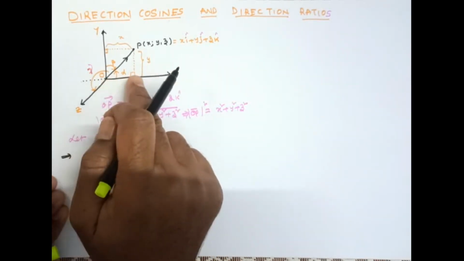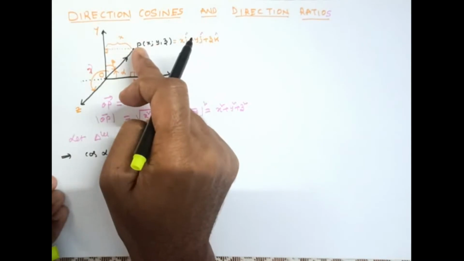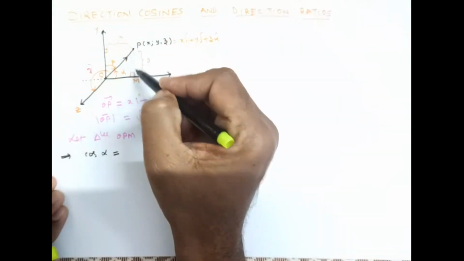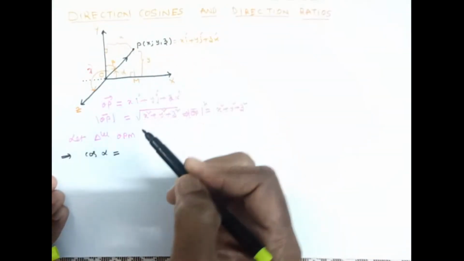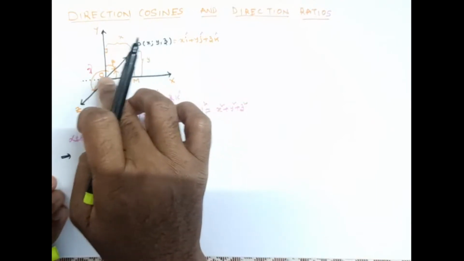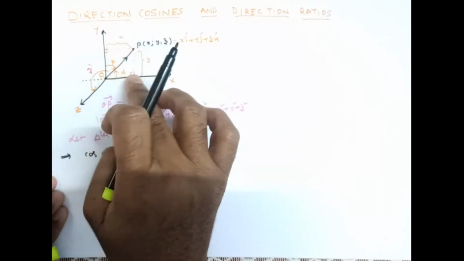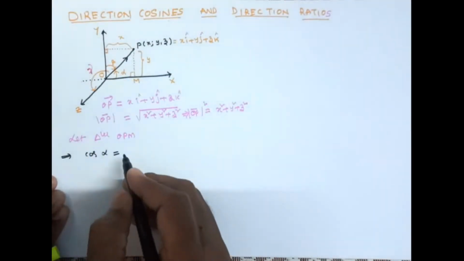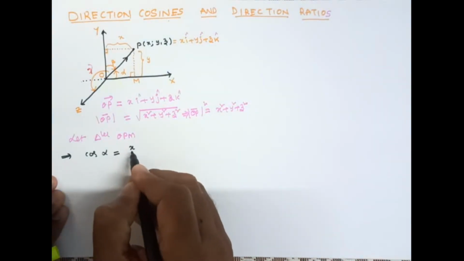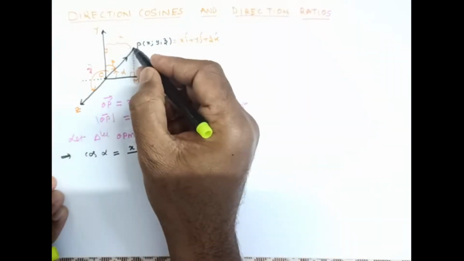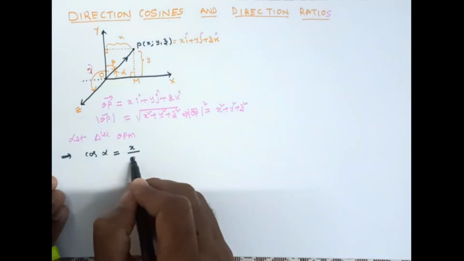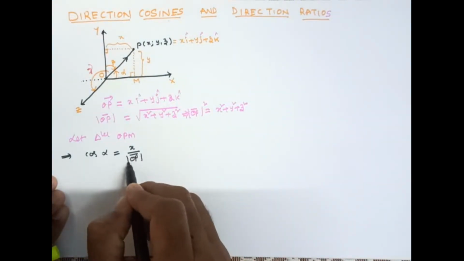OM we take as the length x. This length is parallel to the y-axis, so this is y, and this is parallel to the x-axis. This length is the x coordinate. So the adjacent side is x, and the hypotenuse will be the magnitude of OP bar.